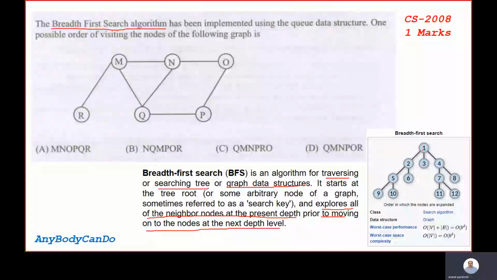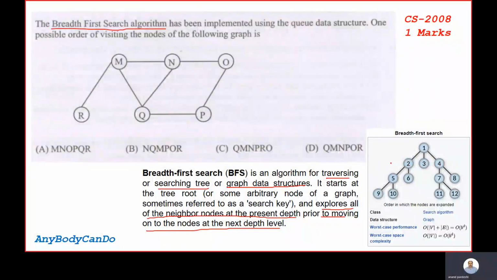So 1's neighbors are 2, 3, and 4. When we are starting from 1, first we have to visit all the neighbors. So first we need to visit 2, 3, and 4.